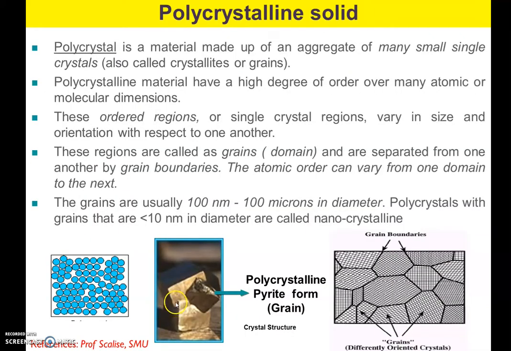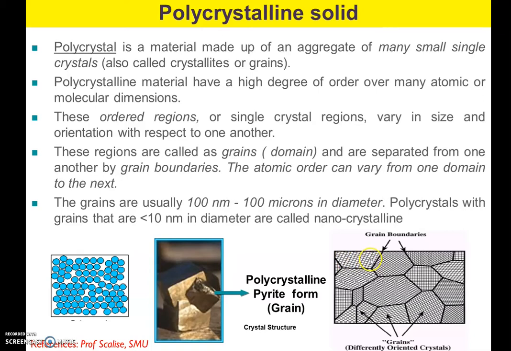And then you have the other classification, which is polycrystalline solids. Basically, in polycrystalline materials, we have aggregates of many small single crystals. Okay, so you have these single crystals which are very highly ordered, but the length scale of this single crystal is not throughout the entire volume.